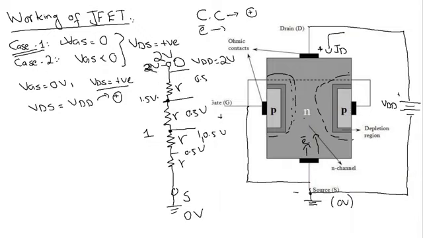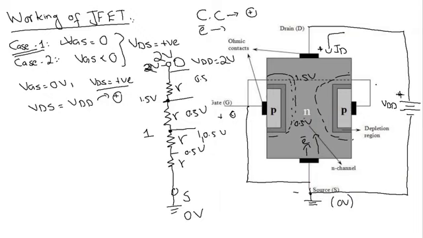Now if we have a look, we have a voltage of say 1.5 volt over here and of 0.5 volt over here. And if you look at the biasing of this, the VGS is connected, this P type is connected to the gate which is at 0 volt, but this N type material is connected to some positive value.